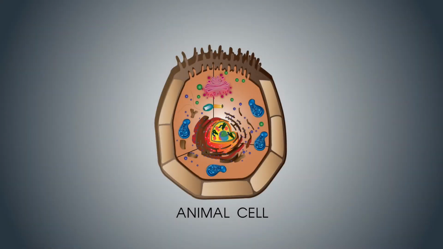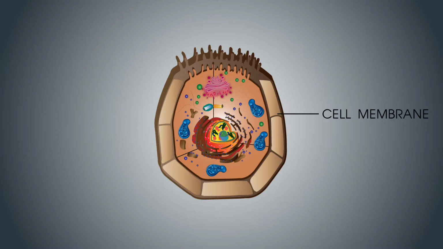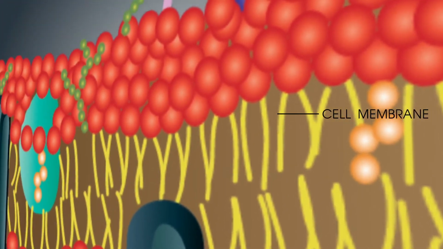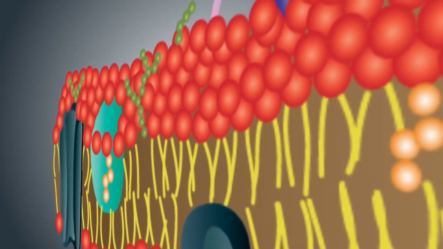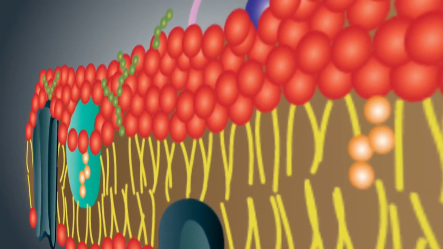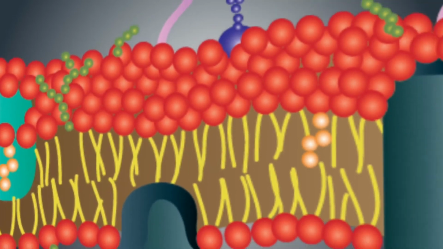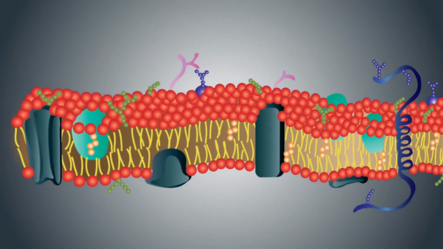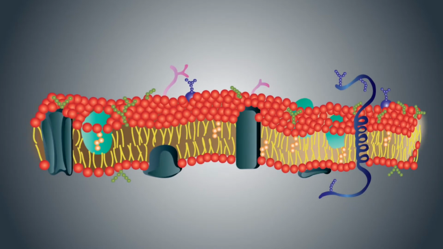Animal cell. Surrounding the outside of the cell is the cell membrane. This membrane is very thin, only 1/100,000th of a millimeter thick. The cell membrane acts as a boundary between the cell and the environment outside, but also allows certain substances to pass in and out.